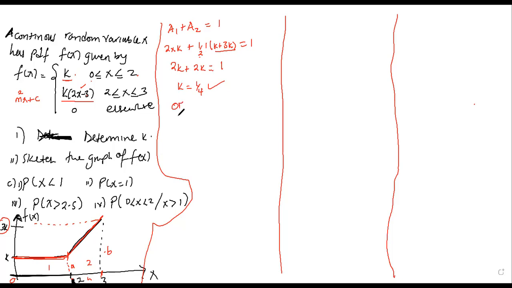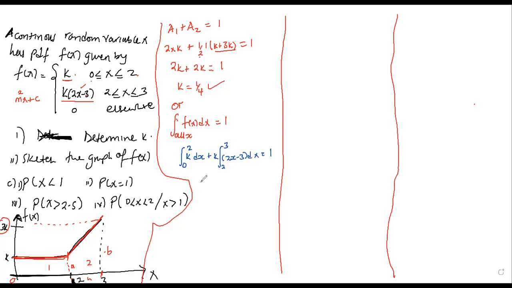The integral over all x of the function f of x dx has to sum up to 1. So I will integrate from 0 to 2, integrating k with respect to x, plus the integral from 2 to 3 of k into 2x minus 3 dx. This should give me 1.